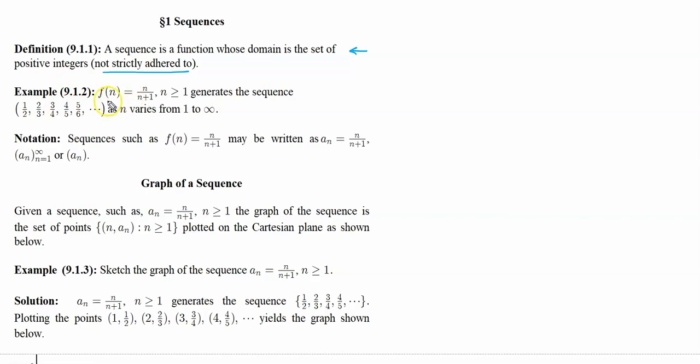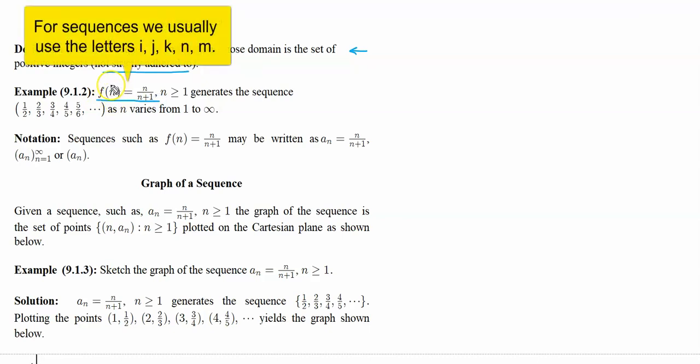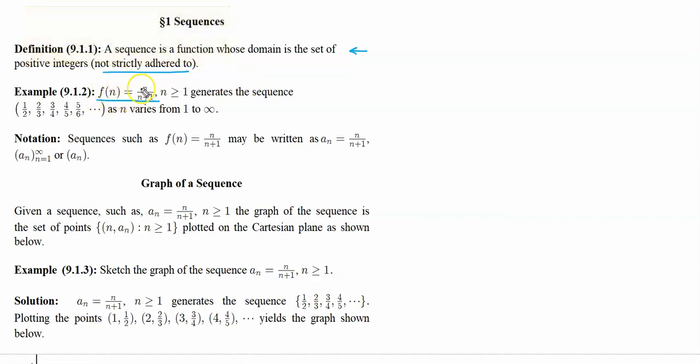For example, consider this function f of n. Notice we use the letter n since n is only supposed to take on integer values. Say f of n equals n over n plus 1 for n greater than or equal to 1. This will generate the sequence of numbers 1/2, 2/3, 3/4, 4/5, 5/6, and so on.